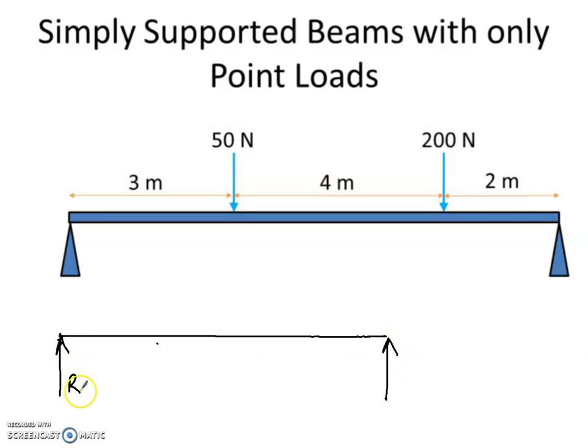So we're going to call the supports R for reaction. When we have a downwards force, we have a reaction from the beam, so that's why they're called R. Now we have to differentiate them, which means we have to tell them apart. So you can either call them RA and RB, or I kind of prefer RL and RR, so the left reaction and the right reaction.